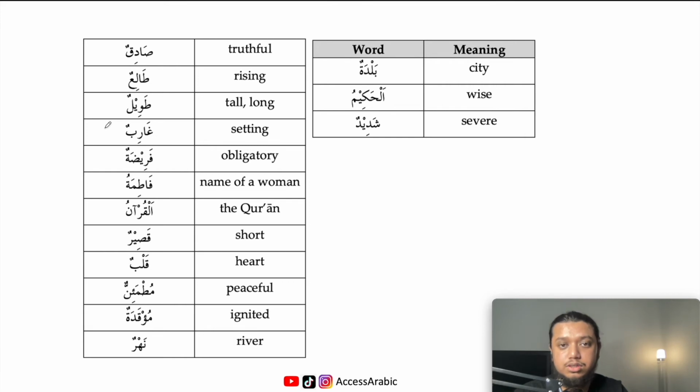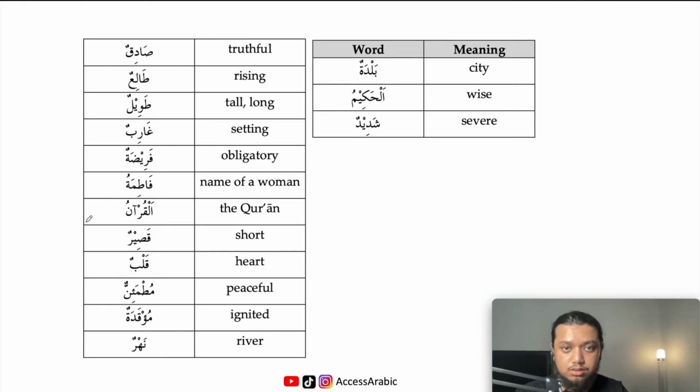Tali' means rising, such as the rising sun. Tawil means tall or long. Gharib means setting, such as the setting sun. Faridah means obligatory, such as the salah. Fatima is the name of a woman.